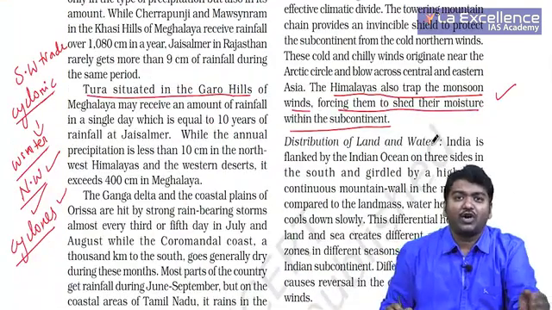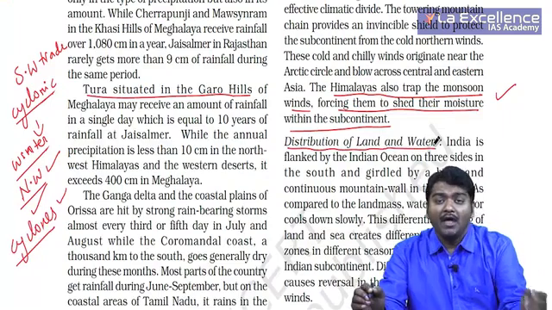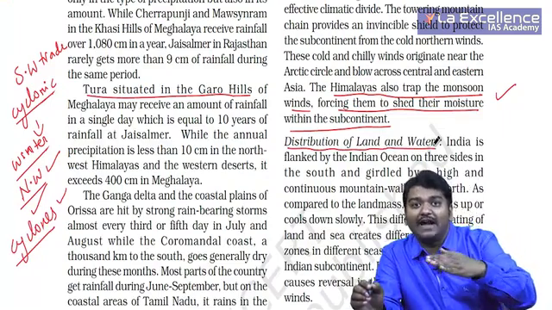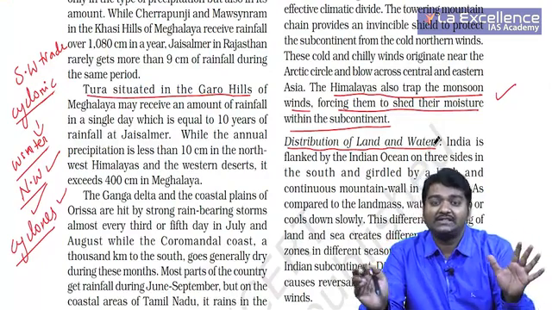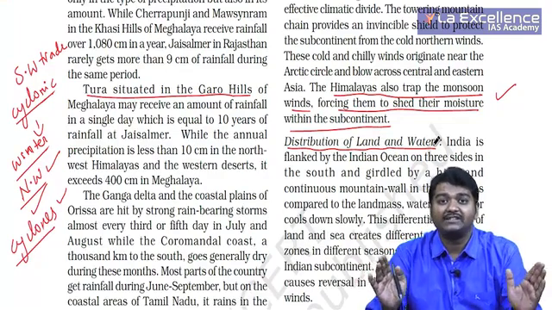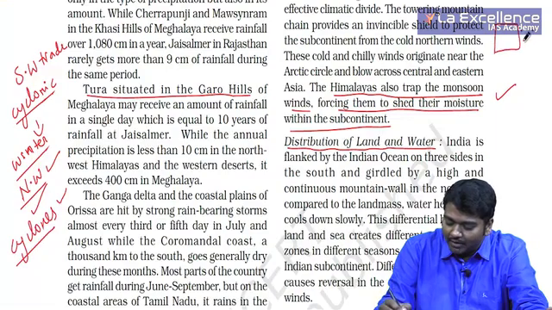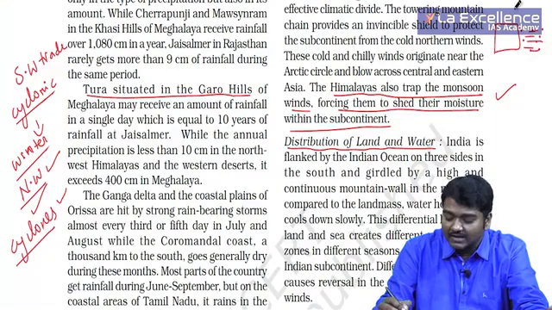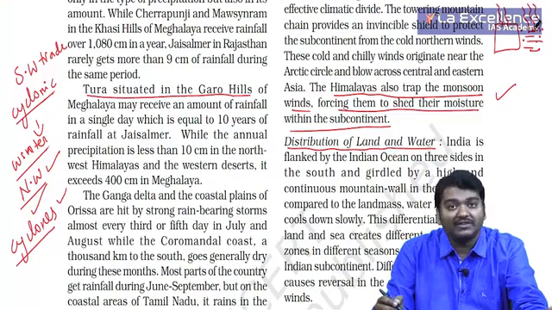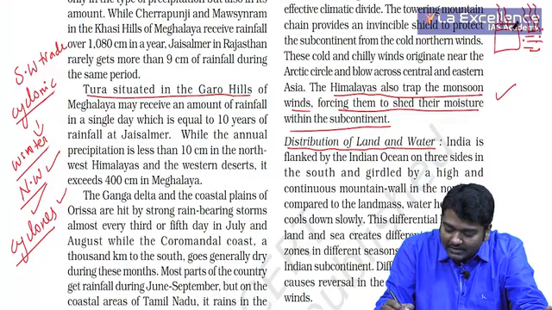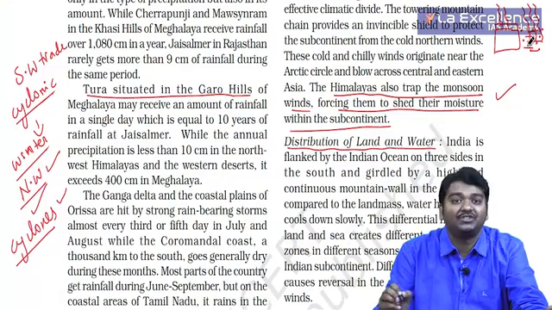So the next important concept that we need to understand is the distribution of land and water. Whenever I am talking about the distribution of land and water, you should be aware that in India, 3 sides are covered by ocean and 1 side you have land. I have already explained that land, the temperature or sunlight, doesn't go much deeper, whereas in the ocean it goes much deeper.